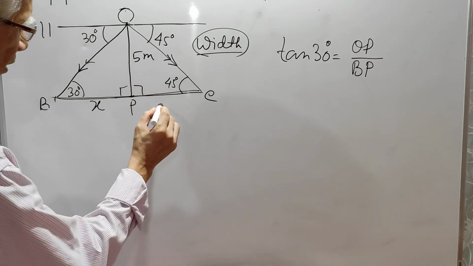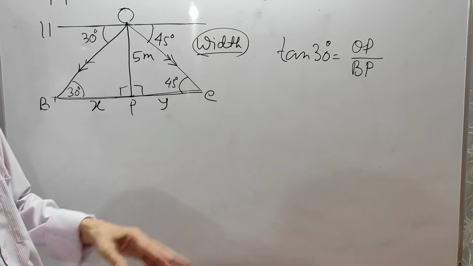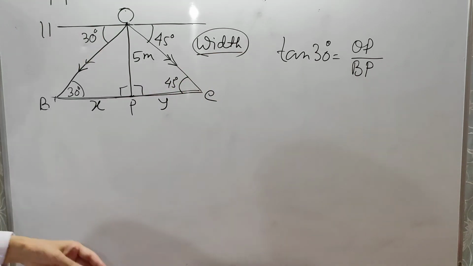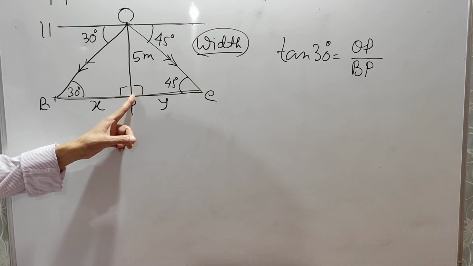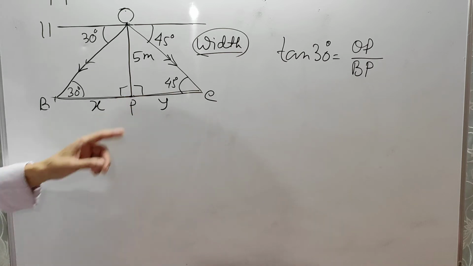So this length BP we take as X, and this length CP we take as Y, just for convenience in writing.